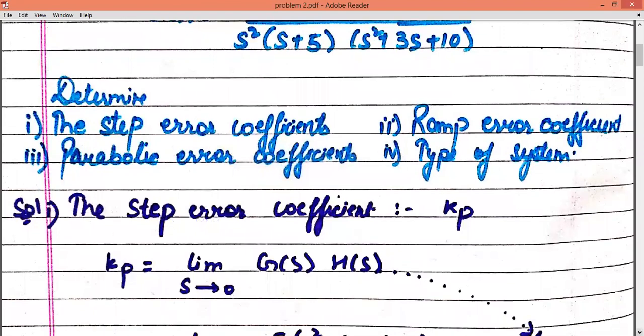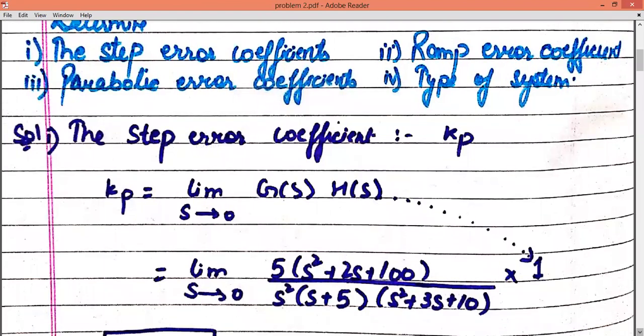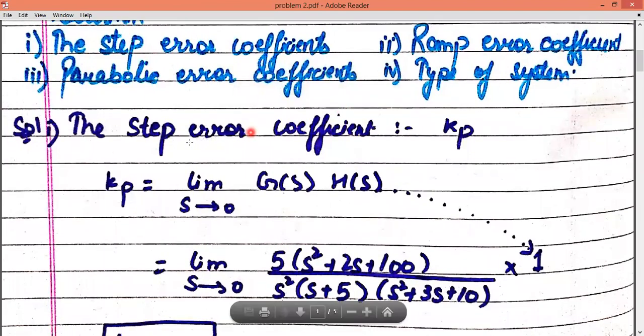So let's start. The step error coefficient we need to find. We know how we denote it, Kp. When we derived the expression for the unit step signal, we saw that we got an equation which forms the positional error coefficient. Therefore, we represent this Kp as the step error coefficient.